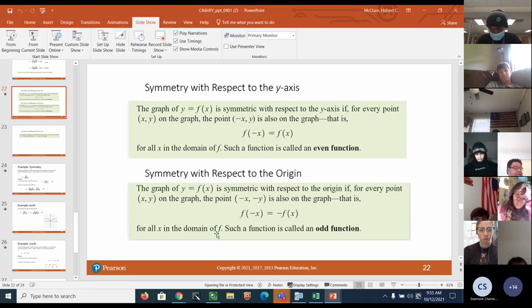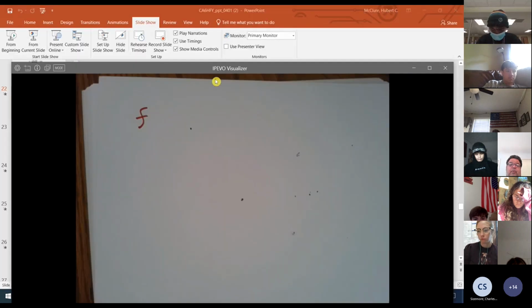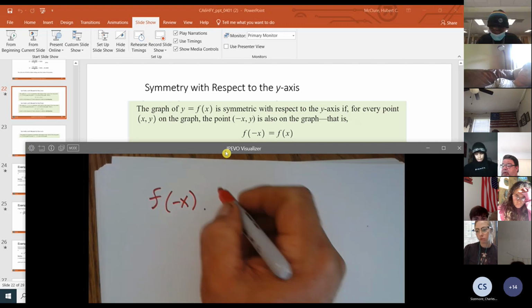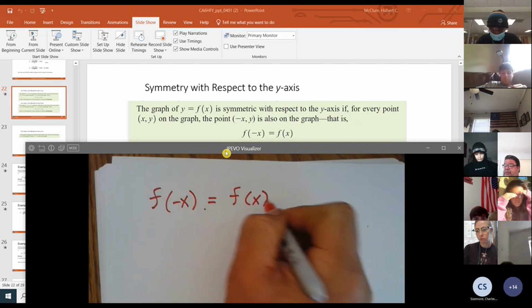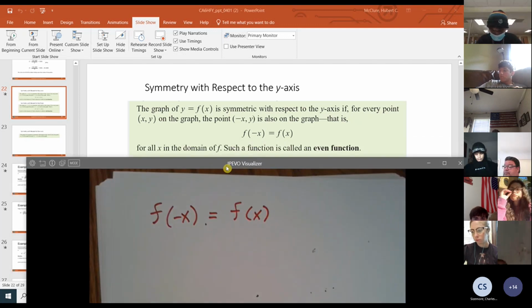Go ahead and write down the following. And this is red, so you might want to, if f of negative x, if you plug in a negative x and you get f of x, then that is called an even function.